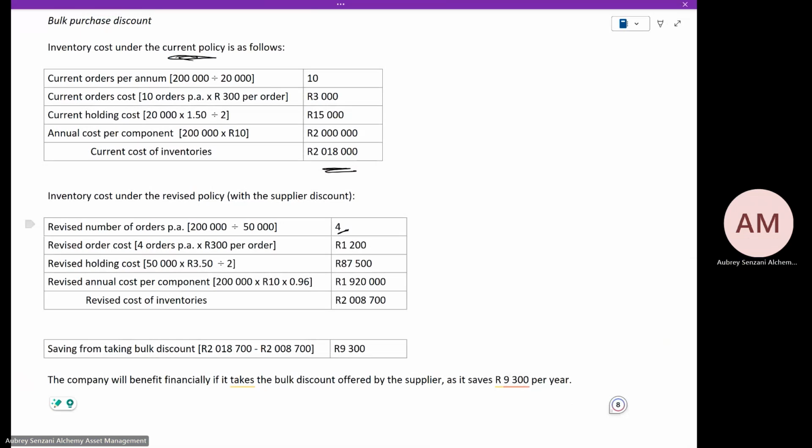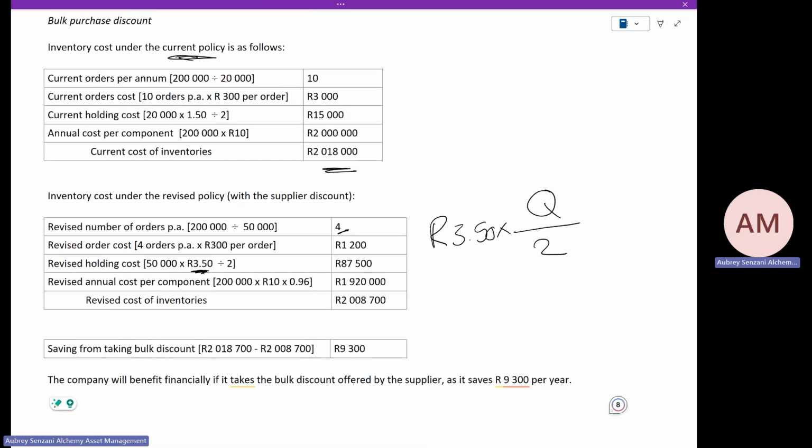Your formula is Q, quantity, divided by 2, but they've put this rand amount first, which I feel might confuse the students. So I prefer it's 350 times. Mathematically you arrive at the same place, but for the sake of consistency, you get the point.